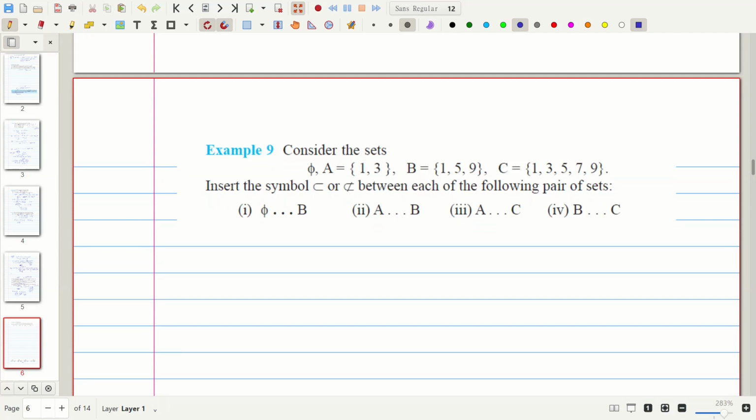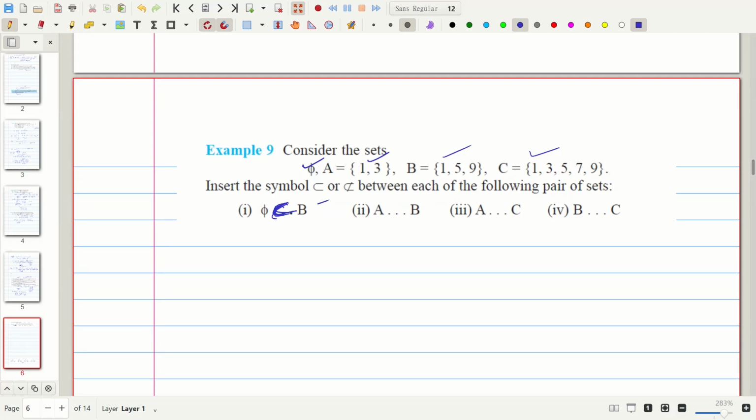Here we need to represent the symbols. Here phi is an empty set, A is {1, 3}, B is {1, 5, 9}, and C is {1, 3, 7, 9}. Phi is a subset of B, because every empty set is a subset of every set.